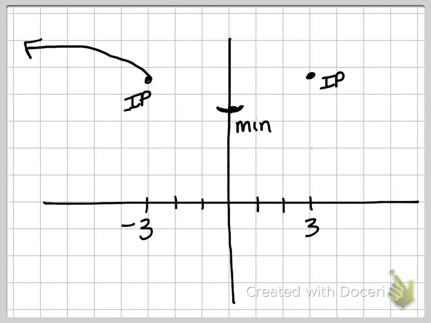Then I change to concave up at the inflection point, and I'm going to be concave up until I hit that minimum, and then I stay concave up all the way to my other inflection point. And then remember, it has y-axis symmetry, so I would have a nice mirror image on this right-hand side. So that means it changes to concave down, but it continues to increase.